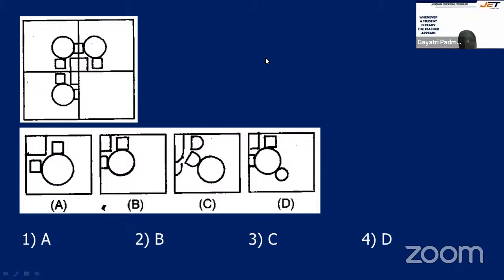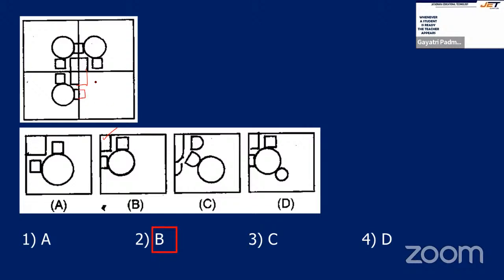All right. So let's see the answer. It is option B because of the square that gets fit and the circle. Let me just quickly point it out so that it will be easy for you to understand. Here this is there, and here this is there.